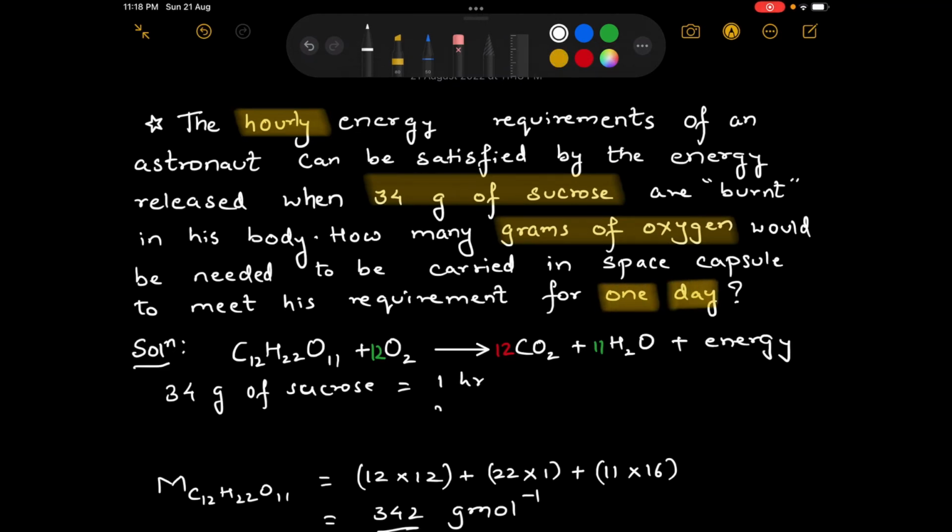So 1 day is 24 hours. So for 24 hours, how much will be the sucrose? So the mass of sucrose will be equal to 34 multiplied by 24, which comes out to be 816 grams. So that we can find out the mass of oxygen for a day.